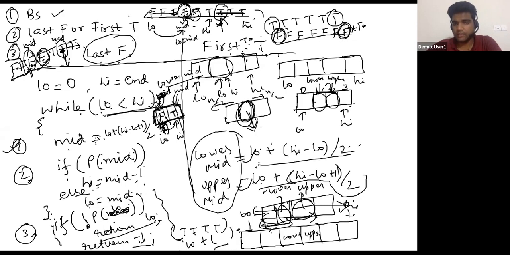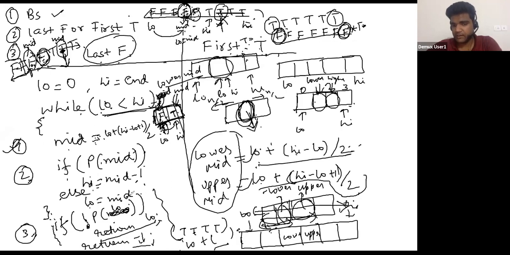You have an F and a T, take a lower mid. If you take a lower mid, what is the mid? Mid is 0, right? So if mid is 0, then it is F, right? So it comes to this else part.